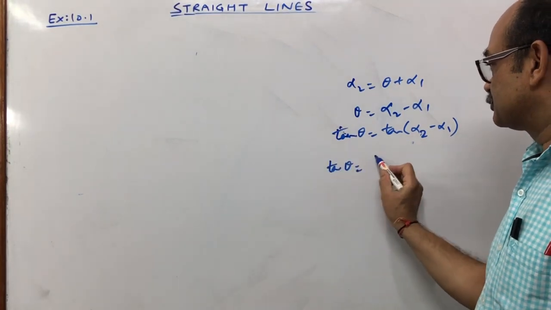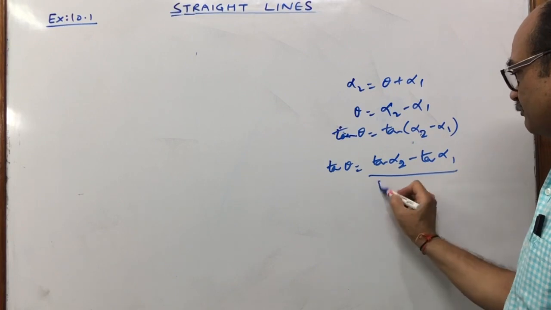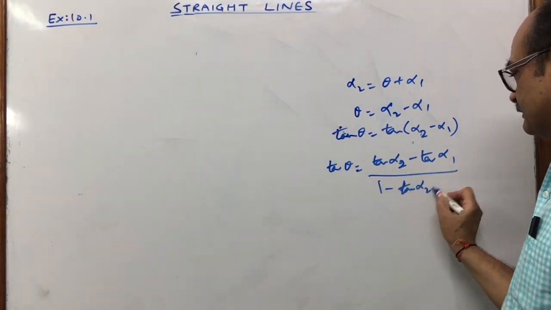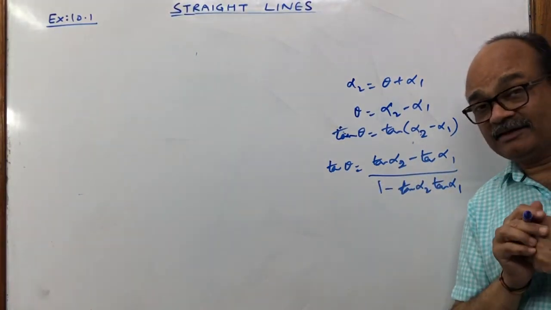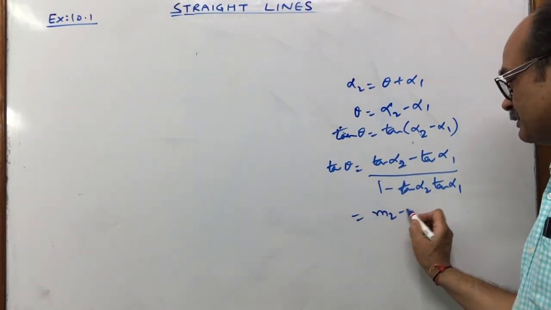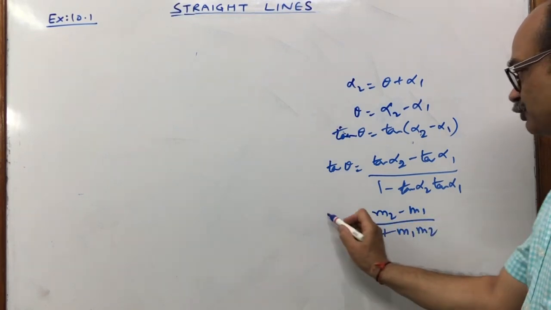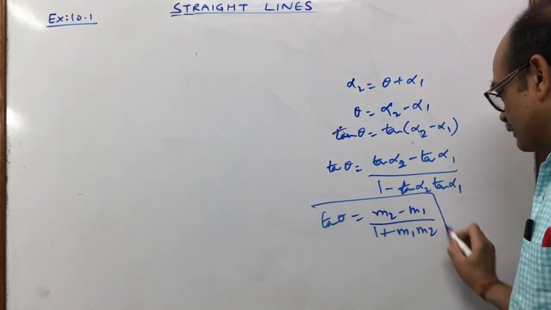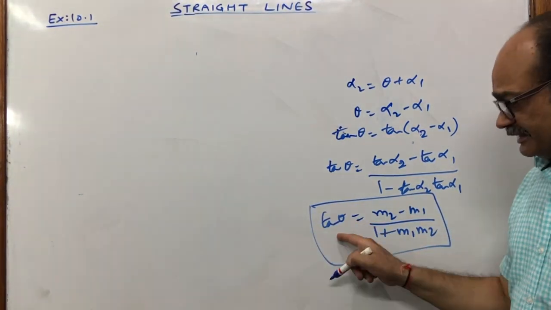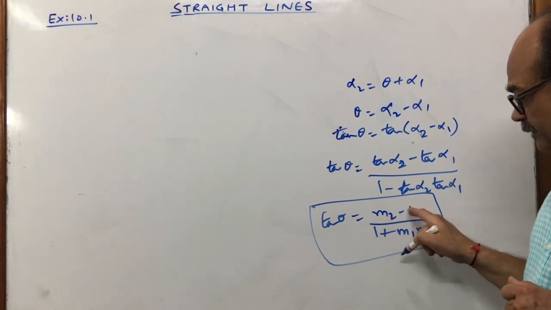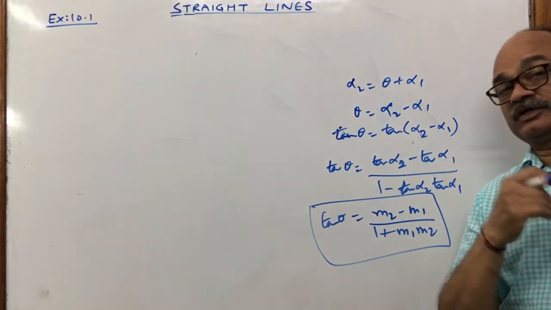Tan theta equals (tan A minus tan B) upon (1 plus tan A tan B). Tan alpha 2 is m2, this is m1. So the angle between the two lines, tan theta, is m2 minus m1 divided by 1 plus m1 m2.